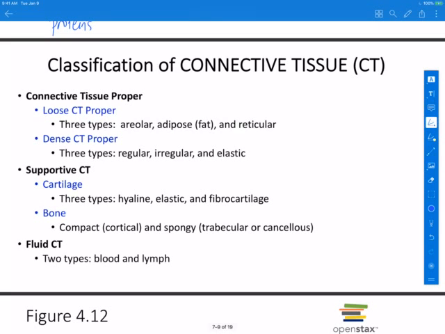The third major class of connective tissue are the fluid connective tissues, and there are two types: blood and lymph. Fluid connective tissue consists of specialized cells that circulate in this watery extracellular matrix of salts, nutrients, and dissolved protein fibers. So all connective tissues have protein fibers, but in the case of the fluid connective tissues, the fibers are dissolved in the matrix.